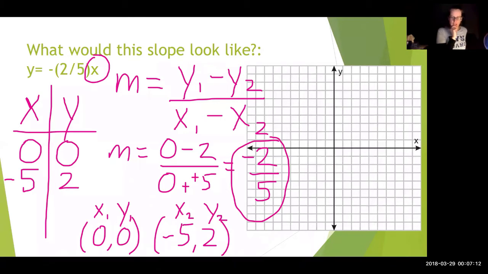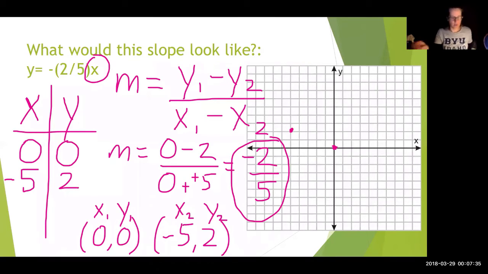What is it going to look like? Well, it's a negative number, which means that it's going to slant downward. Let's plot. Here's our first point, 0, 0 right there. It goes right in the middle. And our second point is -5, 2. 1, 2, 3, 4, 5. 1, 2. Right there.